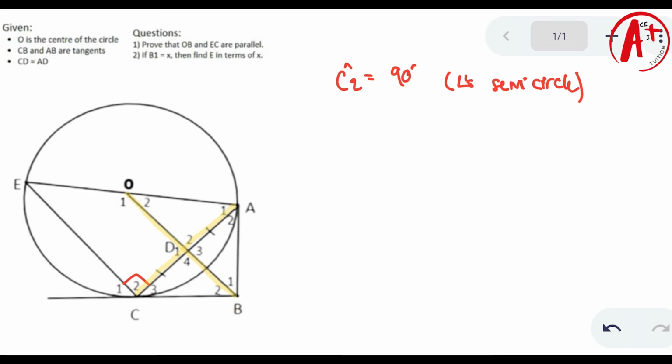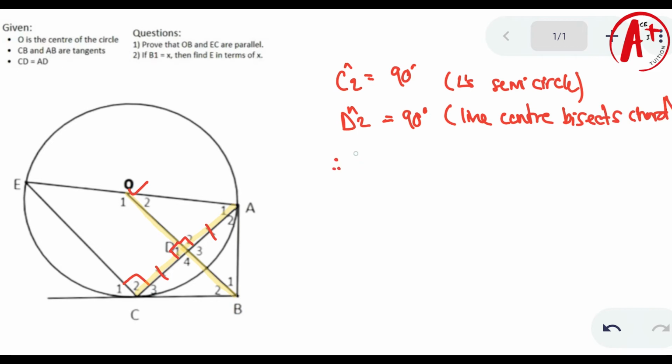The first theorem states that if a line passes through the center and it bisects a chord, then that line would be perpendicular to the chord, making angles D1 and D2 90 degrees. So angle D2 would equal 90 degrees, and our reason would be line from center bisects chord. Therefore, the line EC is parallel to the line OB, and our reason would be the converse of corresponding angles.